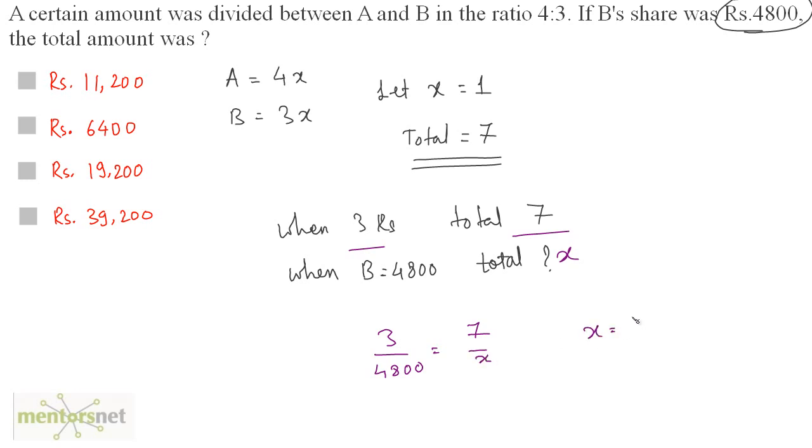So x is equal to 7 times 4,800 by 3, and that is equal to 7 times 1600, and 7 times 1600 is equal to 11,200. So the total amount is 11,200 when B's share was 4,800 rupees. So this is one of the easiest ways to solve this problem. Of course, you can use other ways also.